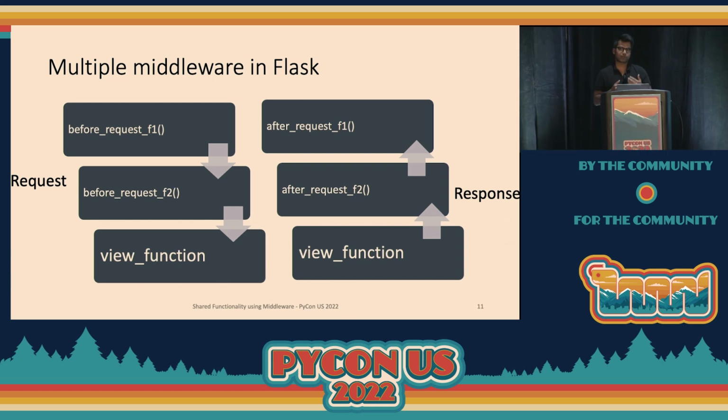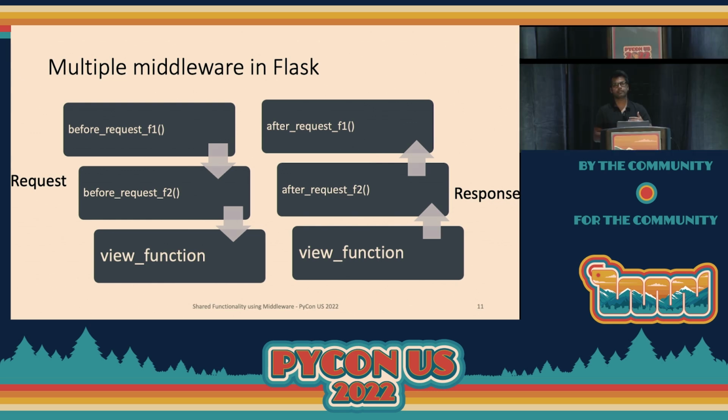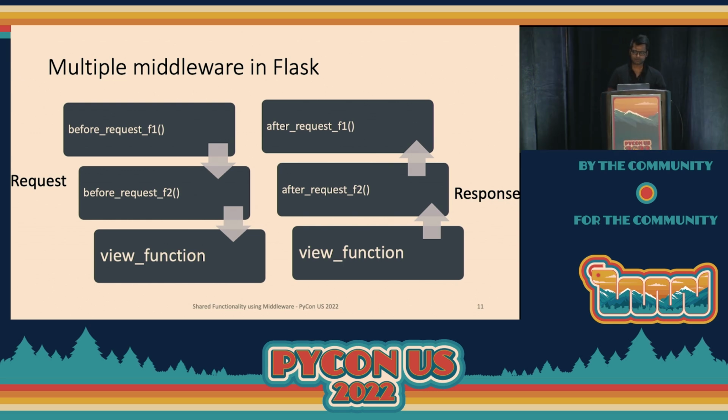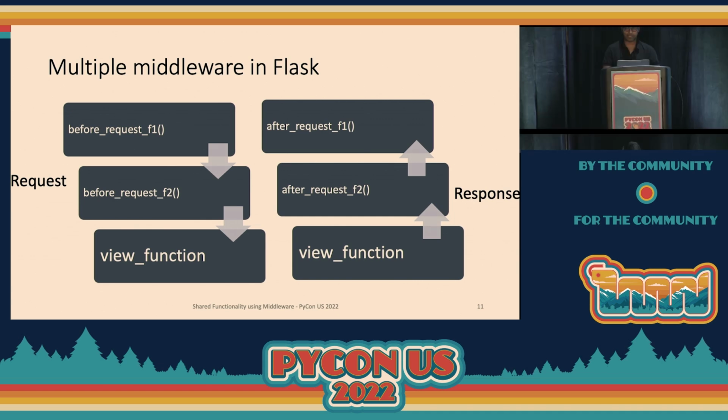For the before request functions, which I have specified here as before_request_f1, before_request_f2, the order in which they are defined is the order in which they are called. For the after request functions, they are called in the reverse order. When the response is generated from the view function, the function you defined last gets called first, and then subsequently the other functions in a last in, first out manner.